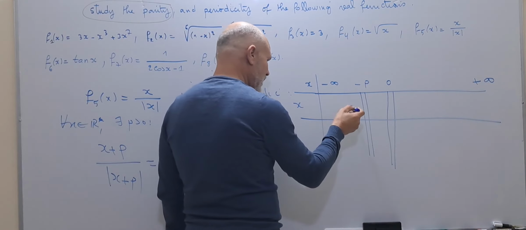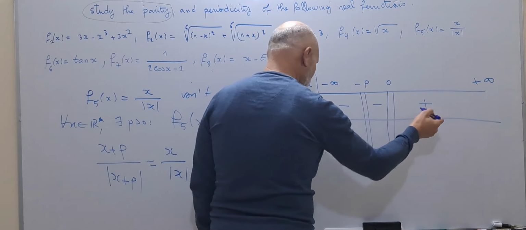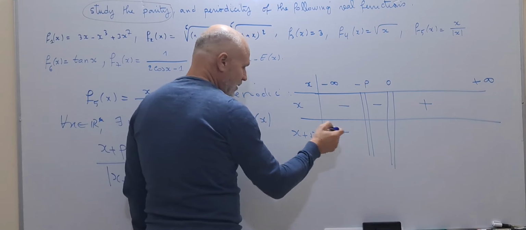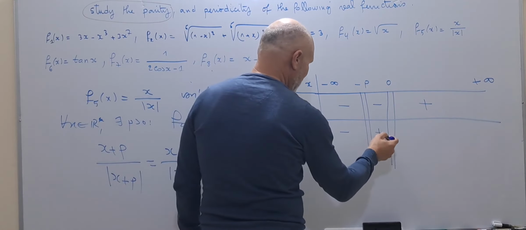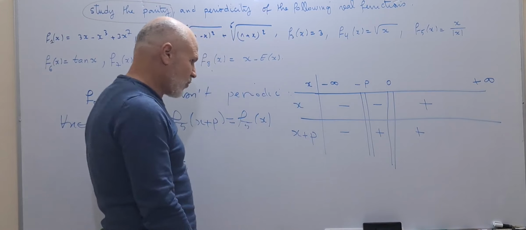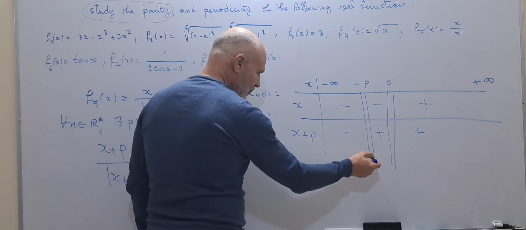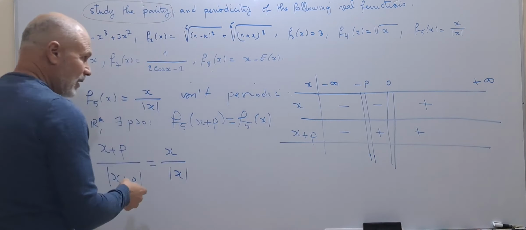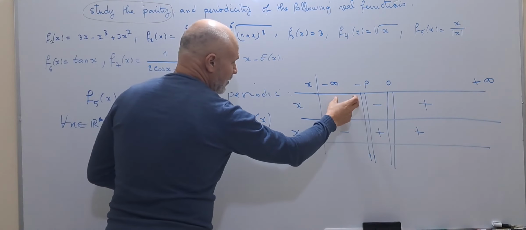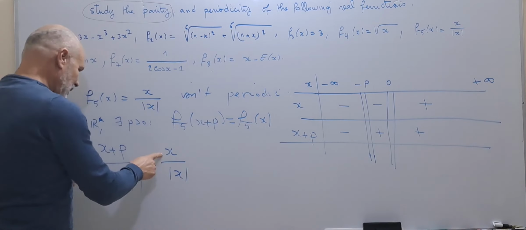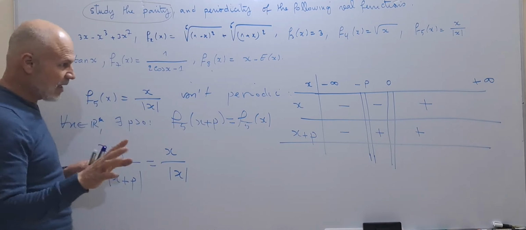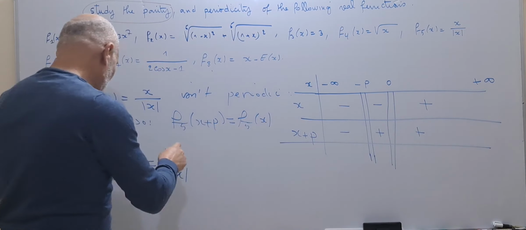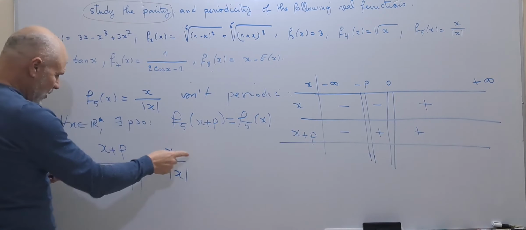X is negative and positive, and x plus p is here negative and here positive. In this case we have negative equal to negative. It is okay. In this place we have positive equal to positive, 1 equal to 1.